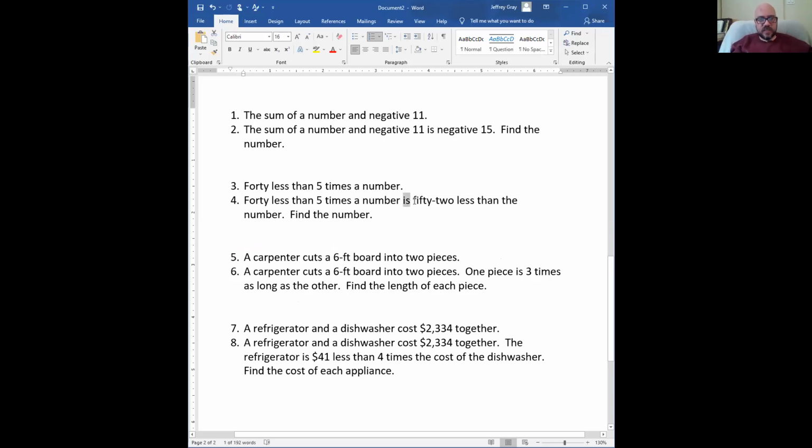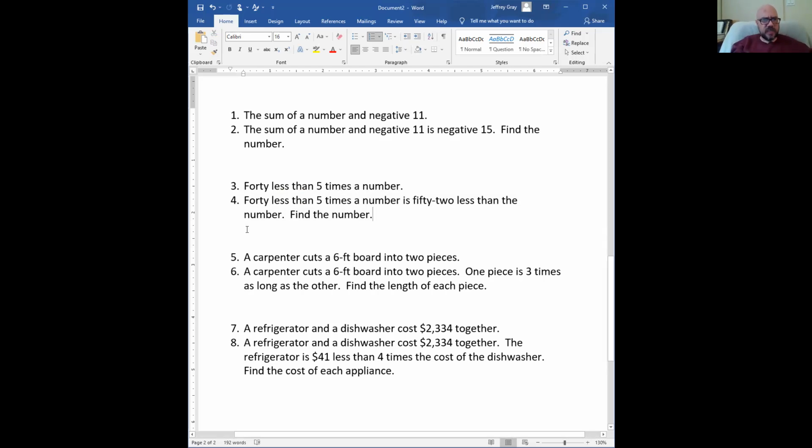So 52 less than the number is another expression. And that's what an equation is: it's 2 expressions with an equal sign in the middle. So the left side of my equation is this expression, and the right side of my equation is this expression, and the middle is the equal sign. So that's how you want to separate these out, right? Look for the "is," find the expression on the left, find the expression on the right, build your equation.